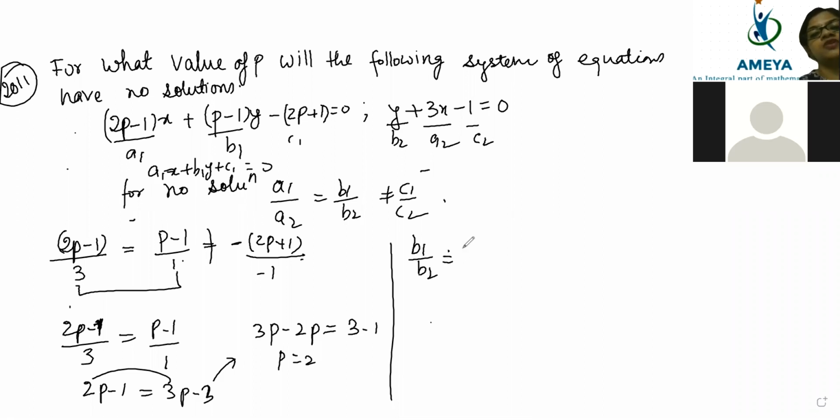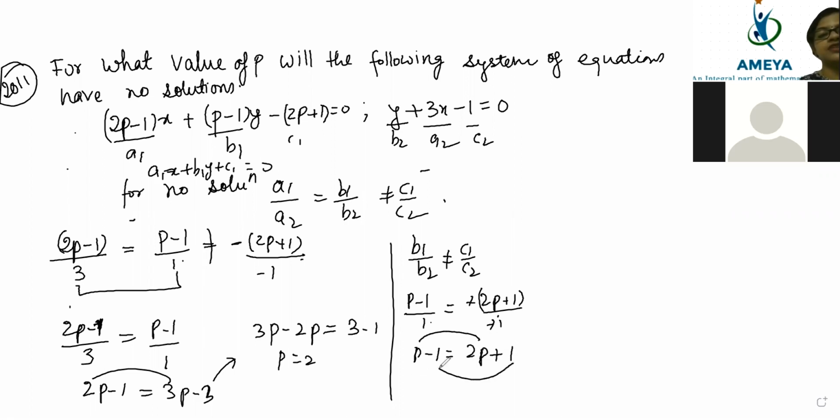B1 by B2 is not equal to C1 by C2. B1 is P minus 1 by 1, is equal to minus 2P plus 1 by minus 1. So this minus and minus will get cancelled. So it will become P minus 1 is equal to 2P plus 1. So we will shift this one this side, this one this side, not equal to.